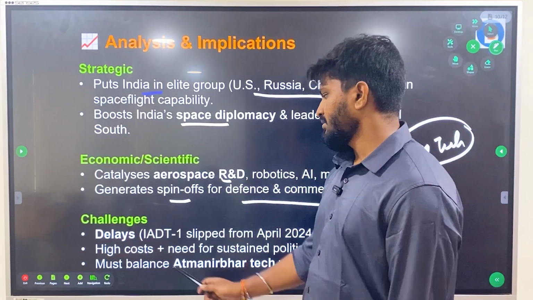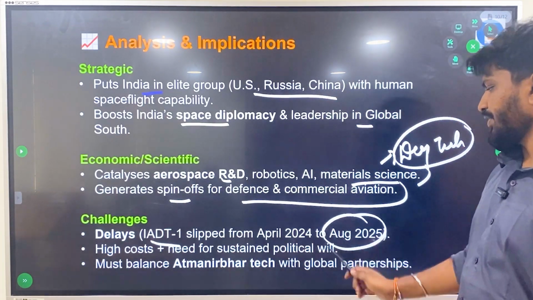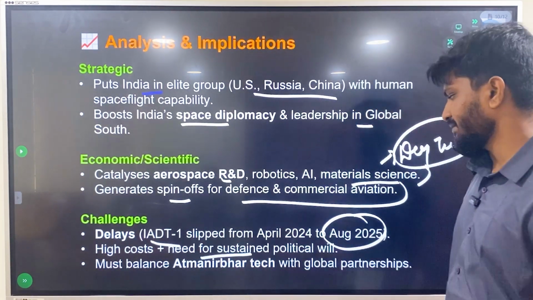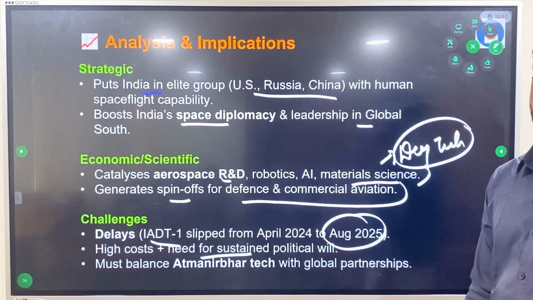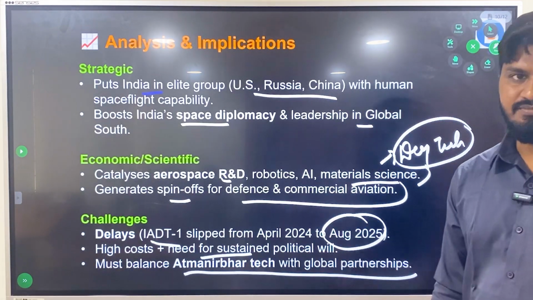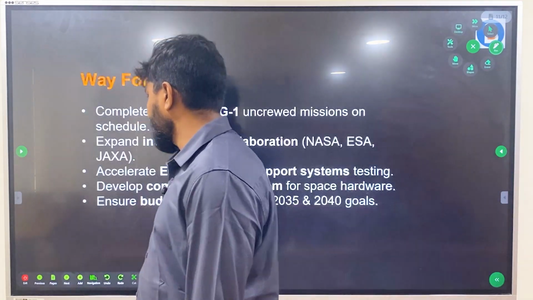Then the challenges are delays, that is IADT slipped from April 2024 to August 2025, almost a 1.5 year delay. Next, high cost, plus the need for sustained political will. And then it must balance Atmanirbhar tech with global partnerships. Okay, so a very significant test has been conducted by ISRO.